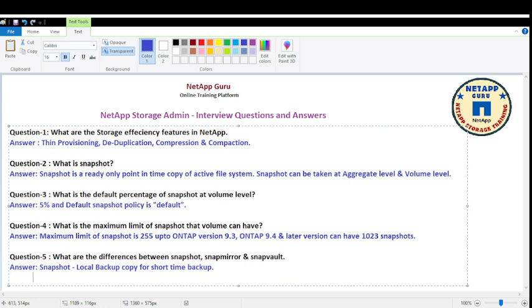And SnapMirror is a DR solution. Okay, a disaster recovery solution. You can configure SnapMirror at volume level and SVM level as well. So what is a DR solution basically?